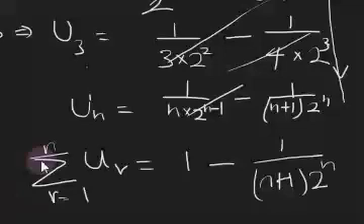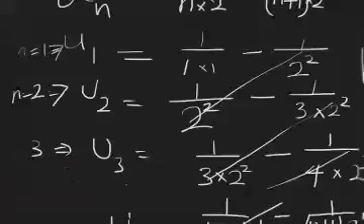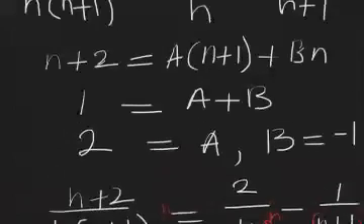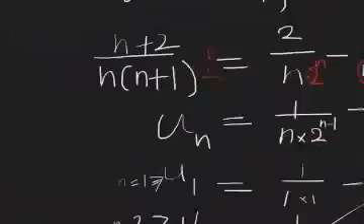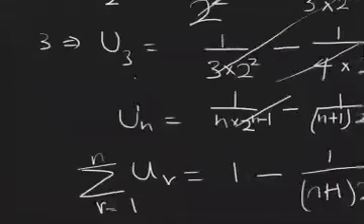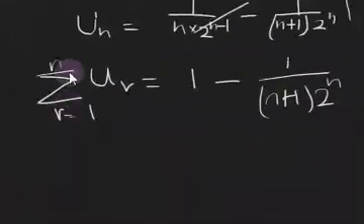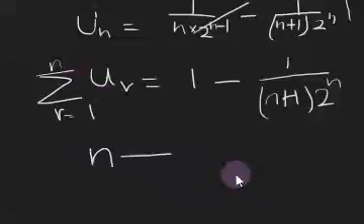So if you want to find this infinite series, our question was to find this infinite series. All you need to do is take the limit, n going to infinity.